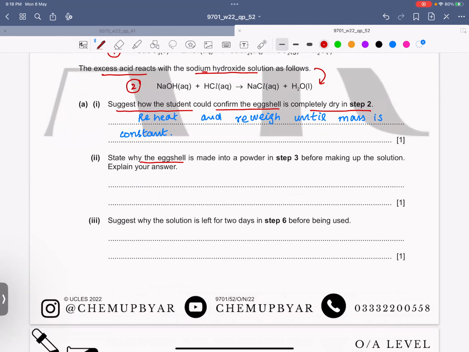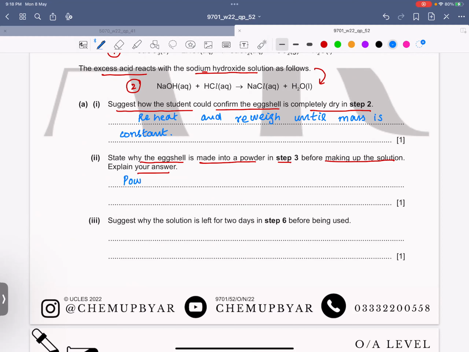Okay, now state why the eggshell is made into a powder in step 3 before making up the solution. Explain your answer. So we know that breaking a larger lump or a bigger piece into smaller ones increases the surface area. And if the surface area is increased, then the rate of reaction is increased, right?